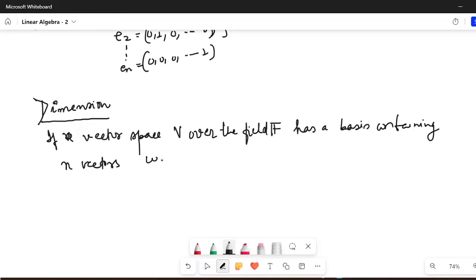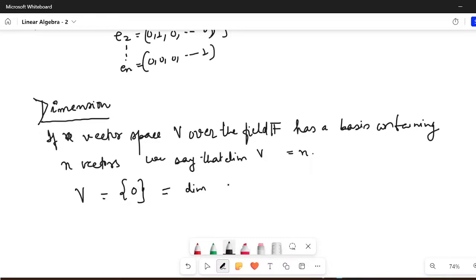we say that the dimension of V is equal to n. Trivially, if I'm talking of the singleton 0, this particular vector space, I told you this forms a subspace. This is a vector space itself. Here you can say that the dimension of V is 0.